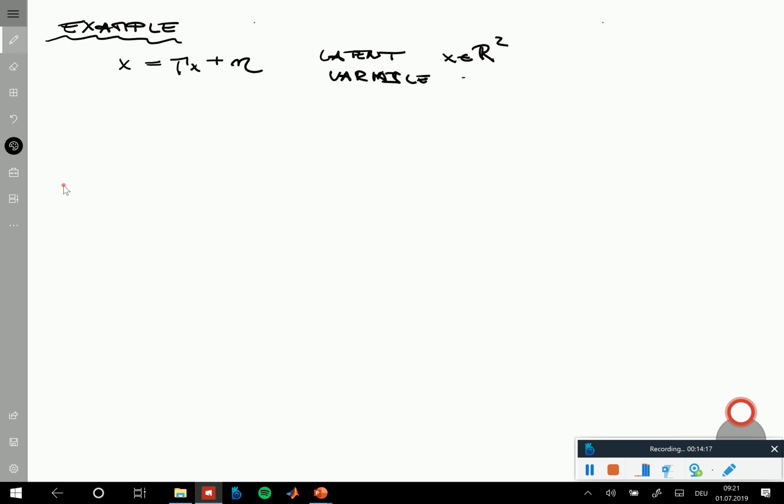And the cat, in this case, has a prior representation of where this might be, and encodes this as uncertainty over the latent variable x.